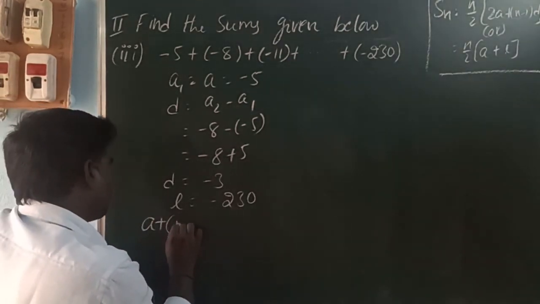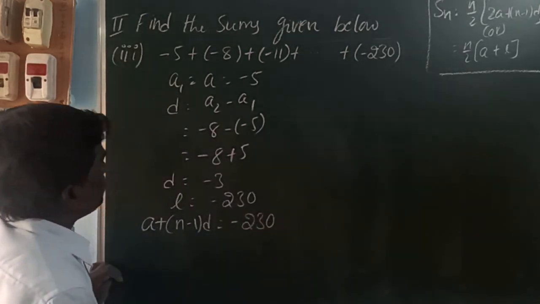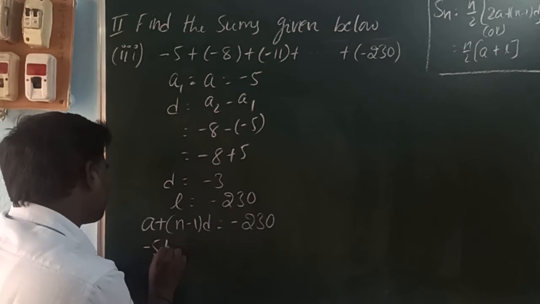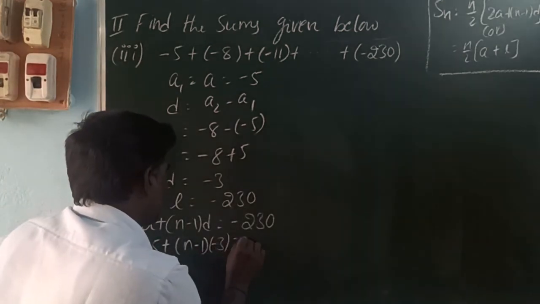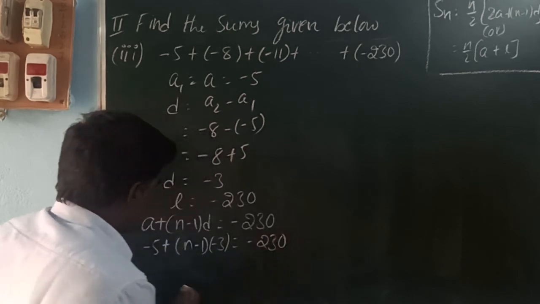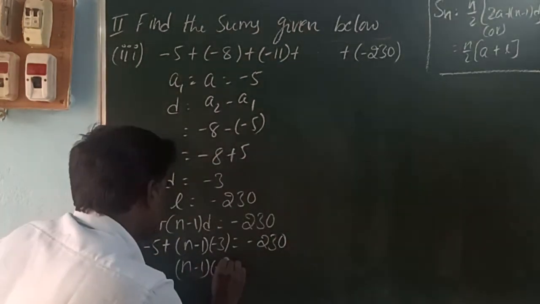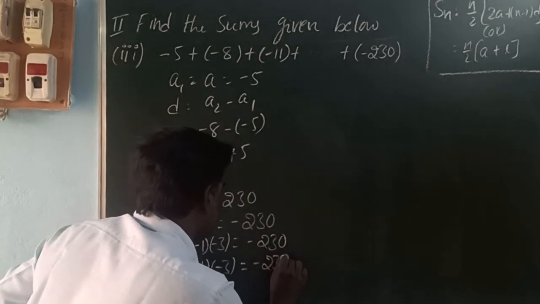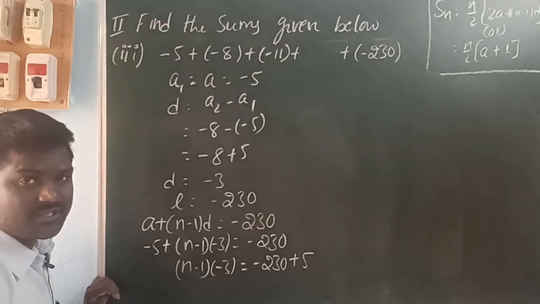So what is the nth term? a plus (n minus 1) into d is equal to minus 230. So a is minus 5 plus (n minus 1), d is minus 3, is equal to minus 230. So minus 5 is going to go across and become plus. So (n minus 1) into minus 3 is equal to minus 230 plus 5. Minus 230 plus 5 is minus 225.